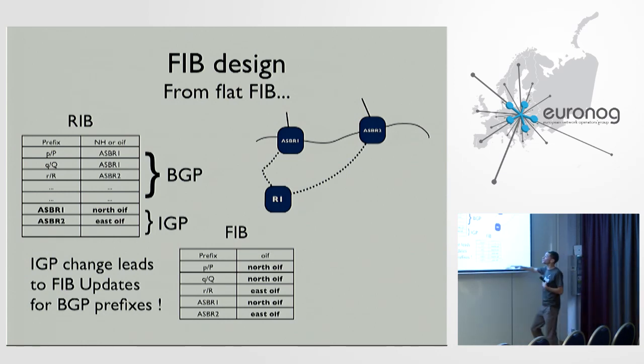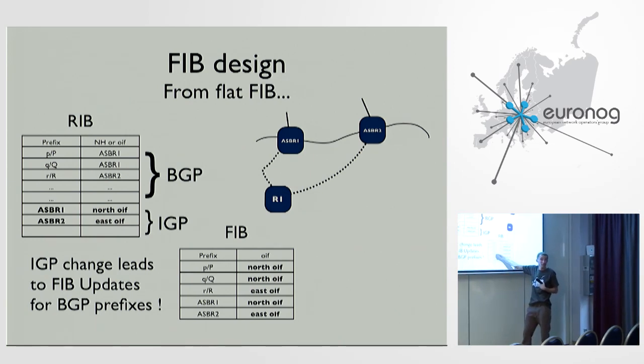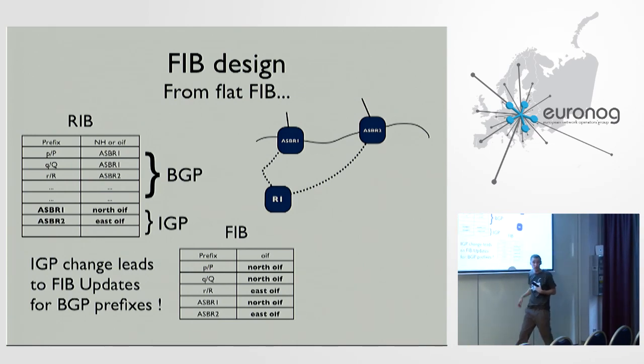So if the router here loses its shortest path towards a given next hop, it's not only a matter of changing the forwarding entry for that next hop. No, it's also about changing the forwarding entry for all the prefixes that are being reached through that next hop, right?